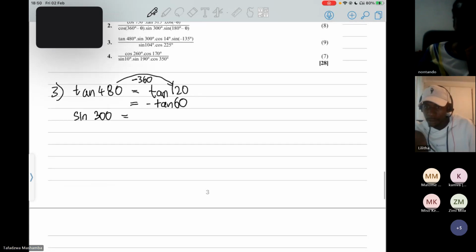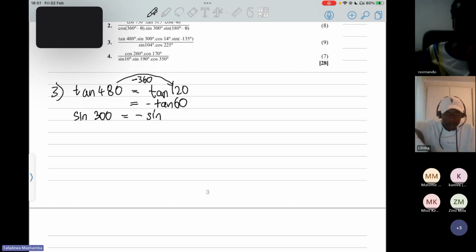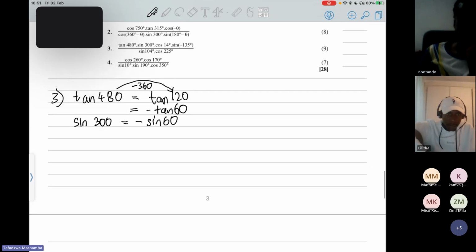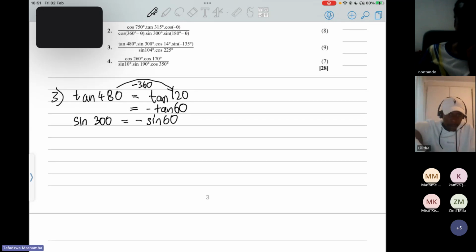So when I deal with this one as well, I know I must put a negative, and this is 360 minus theta. Therefore theta is equal to 60 degrees as well. So it's negative sine of 60. And what do we have? I have cos of 14. For now, I don't know what to do with that 14 degrees. Hopefully, we'll be able to solve it.